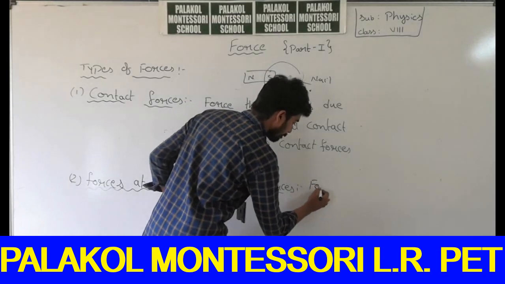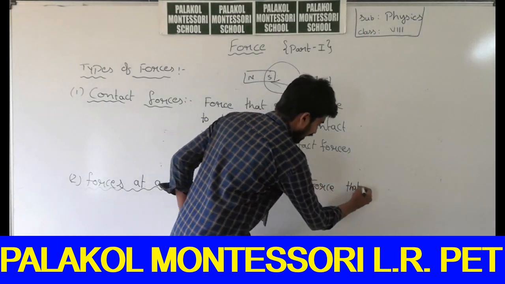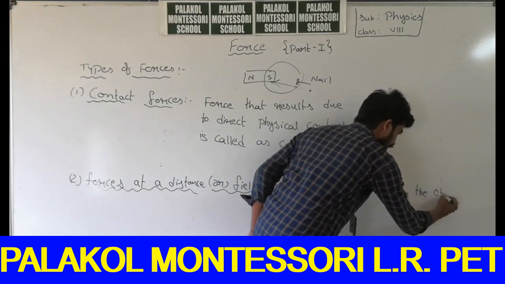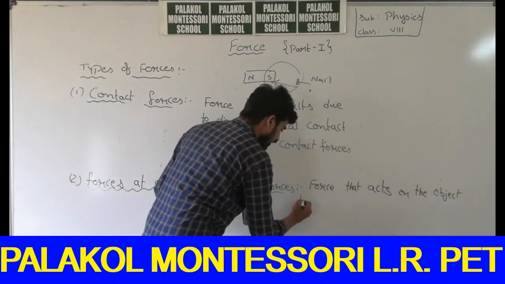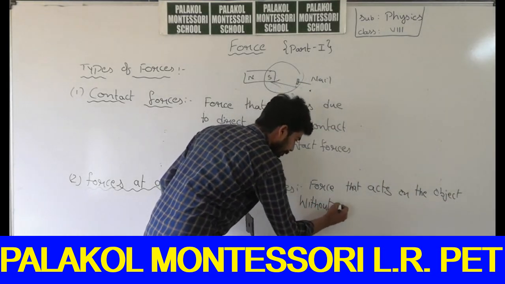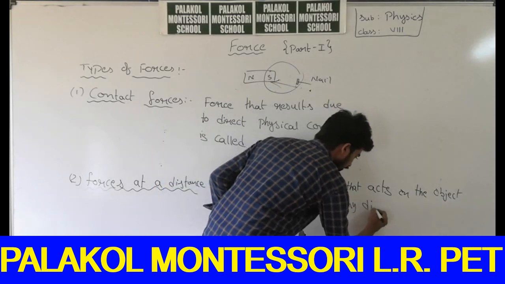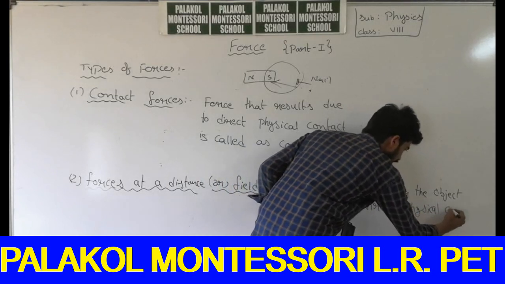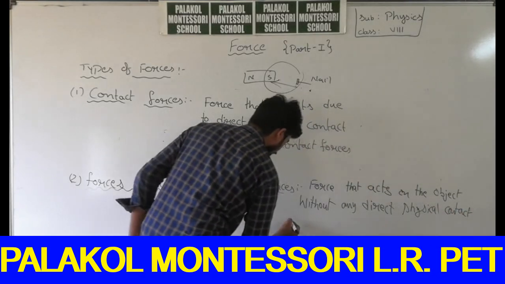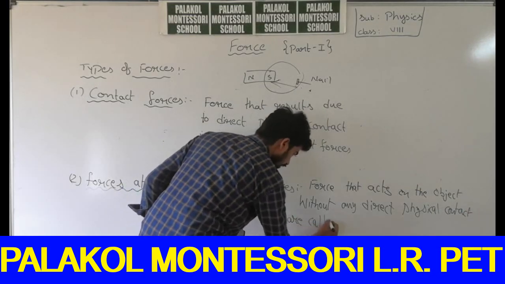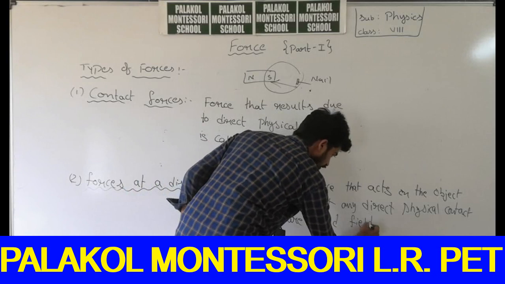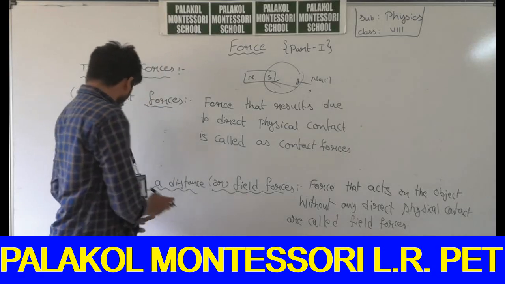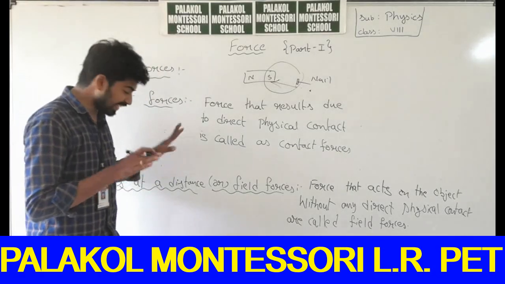Force that acts on the object without any direct physical contact is called field force, or force at a distance. So, field forces or forces at a distance don't need any direct physical contact.